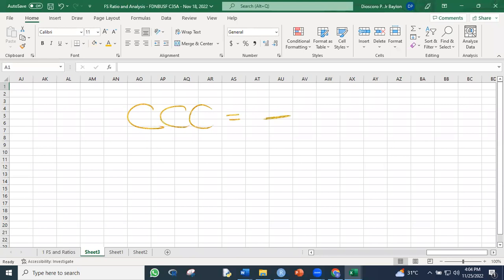that's negative, let's say negative 150? Ano ibig sabihin nun? Ibig sabihin nun, class, our DPO is here. Ang DPO natin, sabihin natin, 180.